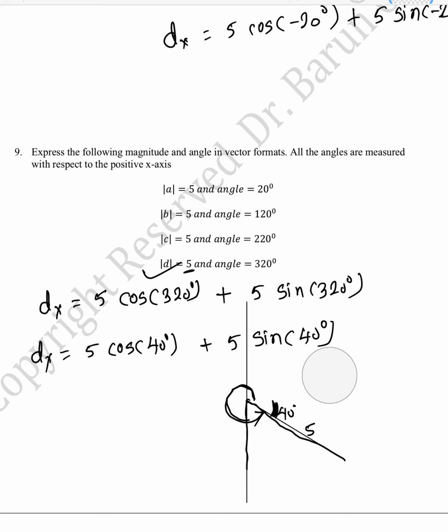So then I have to specify that the vector lies in the fourth quadrant, and the way I do that is I must put the negative sign here, because this is below the x-axis. So in either case you will get the same answer. But make sure that you understand these things, convince yourself that you understood them.